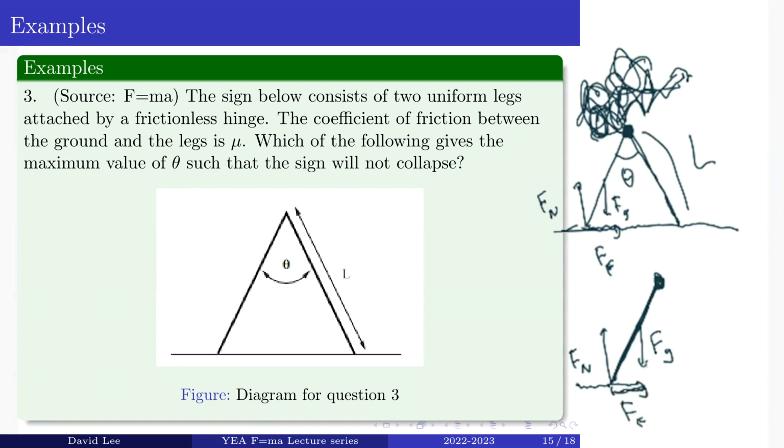So do we know what gravity is? Yes, we should know what gravity is. It's just mg, where m is the mass of one leg. So not the entire thing, it's just one leg.